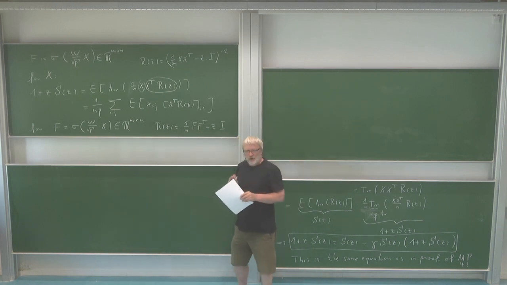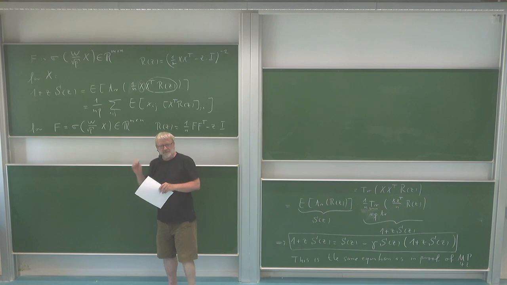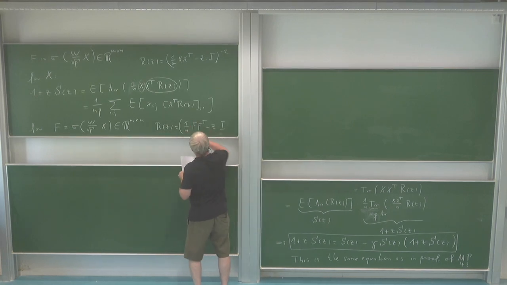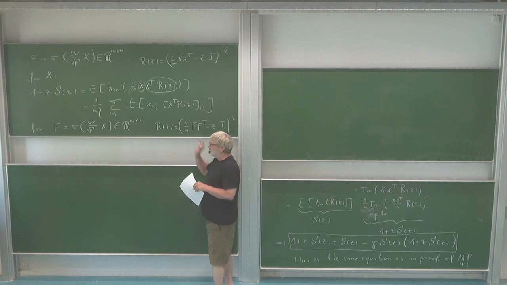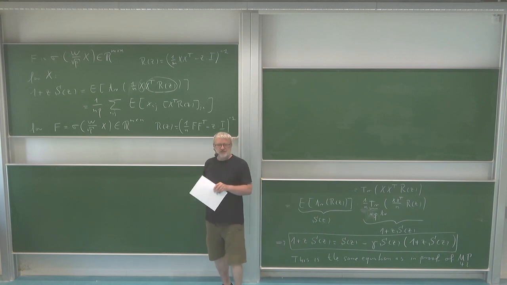So the resolvent is now M times M, because now we have M times N, not P times N. So the inverse of this is the resolvent, and the Stieltjes transform is the expectation of the trace of this. And we want to see, can we derive an equation for this, which of course in the end should be the quartic, the equation of fourth order, which we have in our theorem.